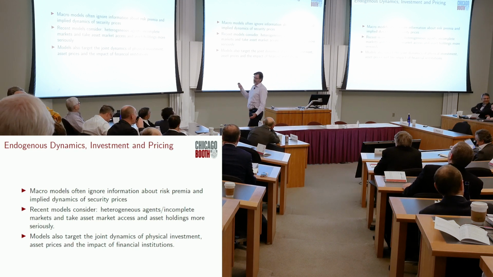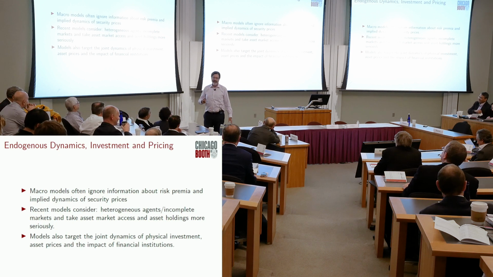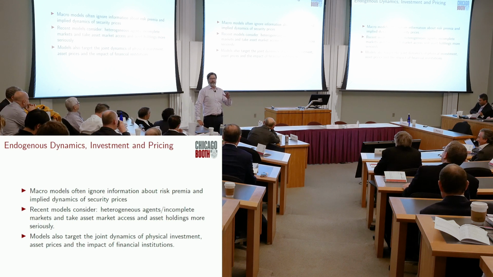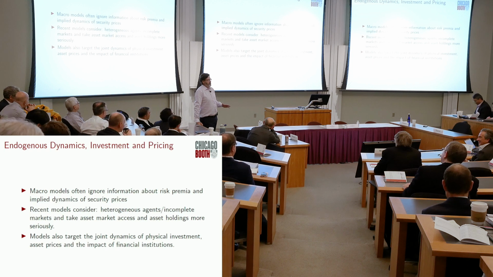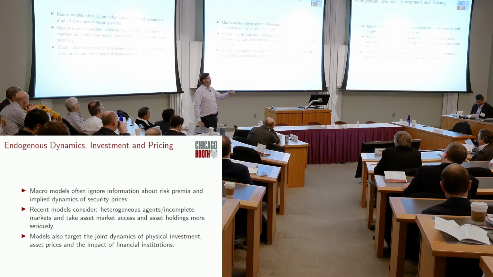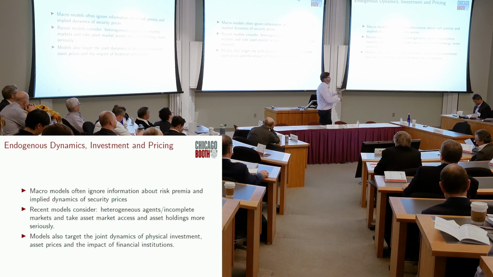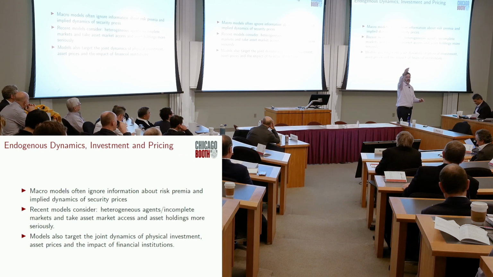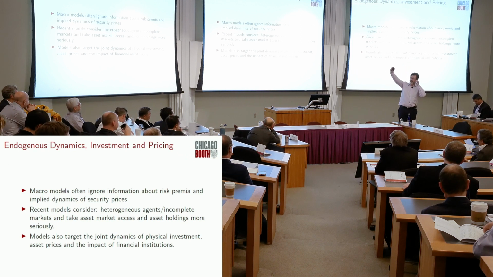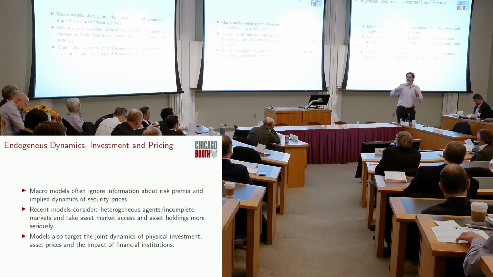So here's a pot shot at some of my colleagues in macro. I'm also a macroeconomist. I think sometimes in macro, people ignore the financial markets. They might do Tobin's Q, but risk premia and implied dynamics for security prices are sometimes ignored. For example, think about the massive run-up in the stock market that we've recently witnessed. We don't see physical investment responding.